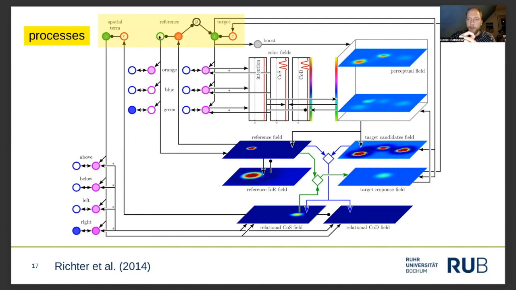And the effect that a process has on the architecture is given by the synaptic connections between the intention node and the fields of the architecture. So depending on what the process is supposed to do in the architecture, it will connect to certain fields in order to achieve its desired behavior.